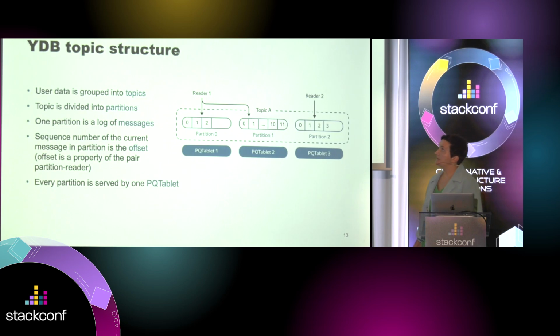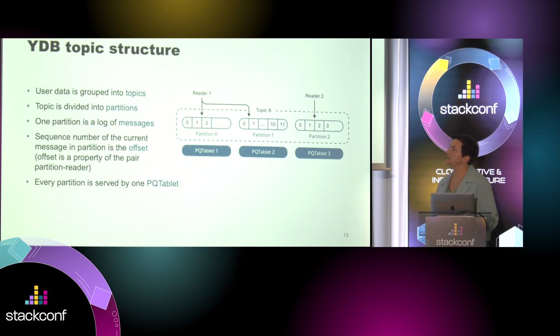And the same idea is for topics. Every topic is a named group of messages, and it's ordered within a partition. Every topic is divided into partitions. One partition is a log of messages, so it's ordered by offset. The sequence number of the current message in the partition is the offset.